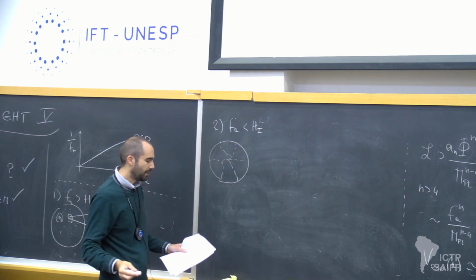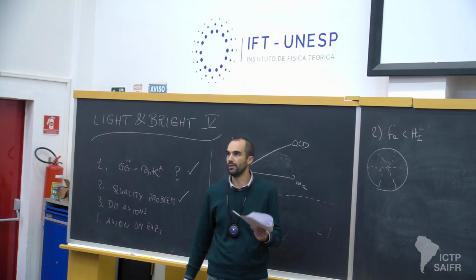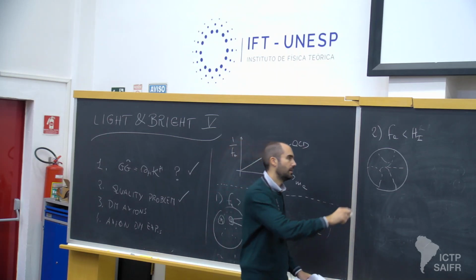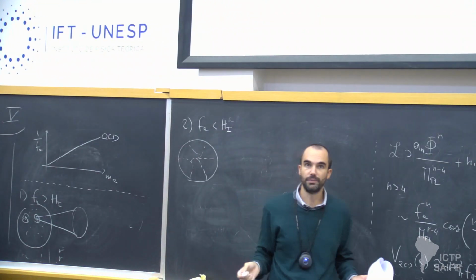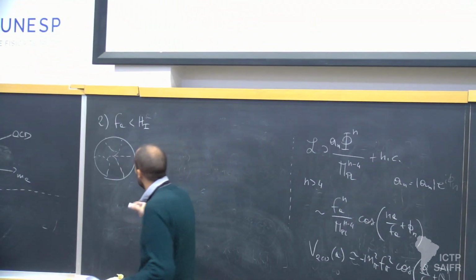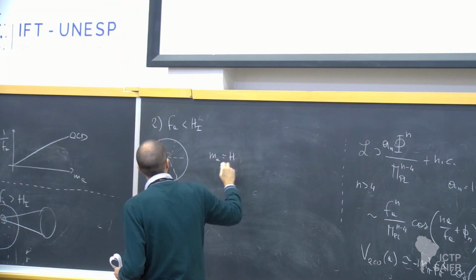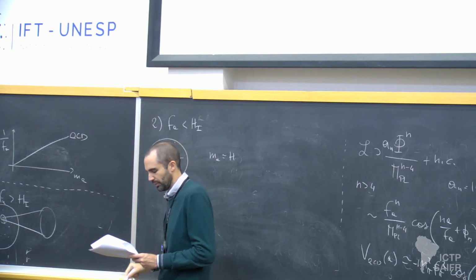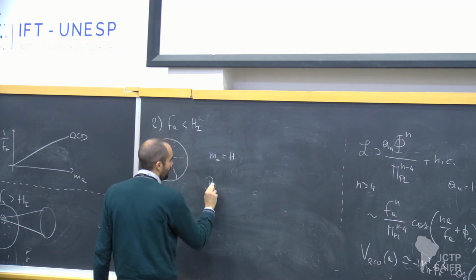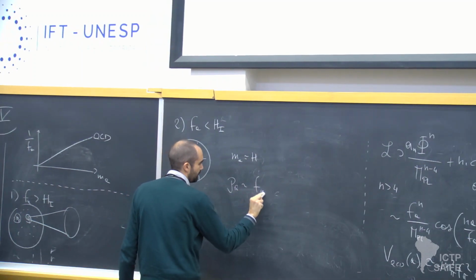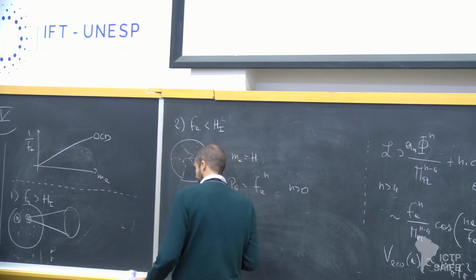These are separated by strings and domain walls, and this lower dimensional object contains some energy. One can show that when Hubble becomes comparable to the axion mass, these objects decay into axions, and they give a non-perturbative contribution to the relic density that scales like some positive power of F_A.